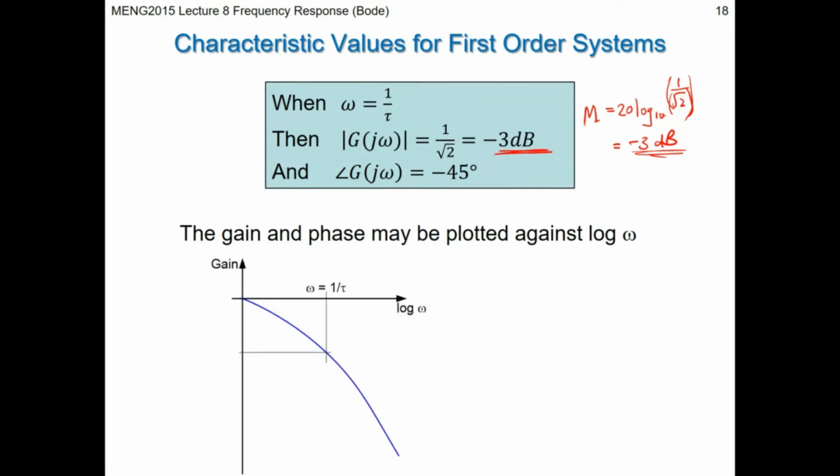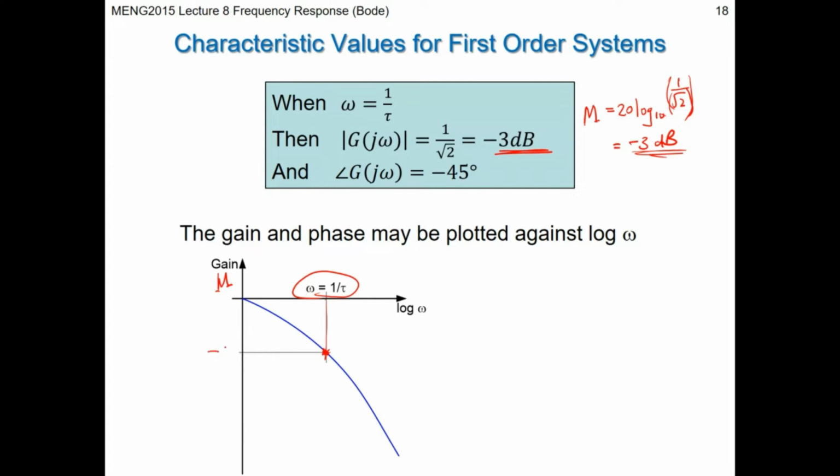So let's plot these. This is a sketch of a Bode plot. This one is our gain, M, and we're just identifying one point here. At this point, omega equals 1 upon tau. What's this going to be?